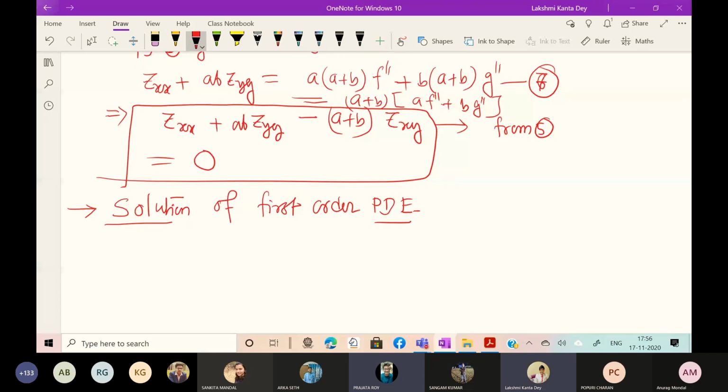Okay. A relation between the variables. That means a relation which contains only the variables and does not contain any derivatives, so it will be free from derivatives.